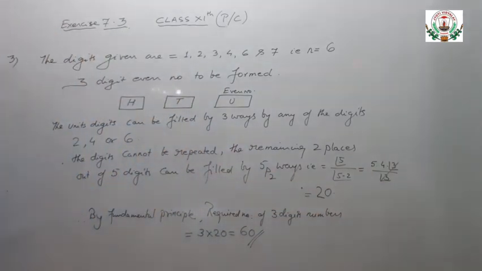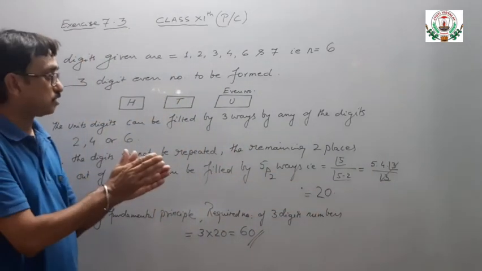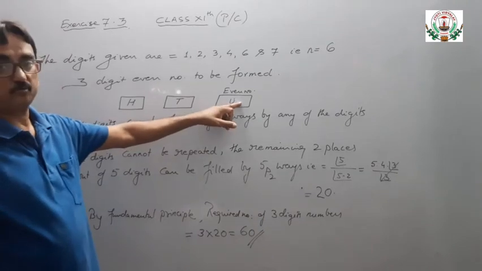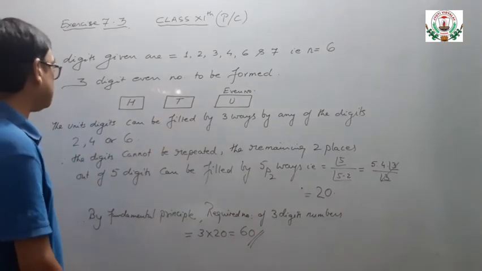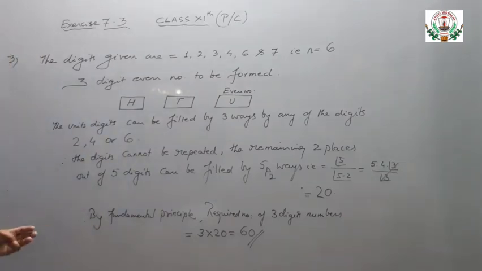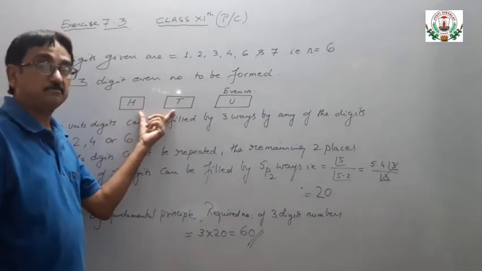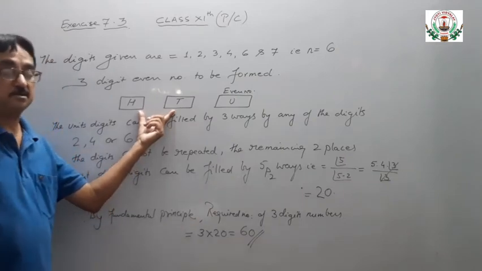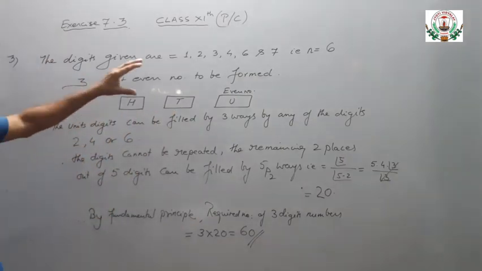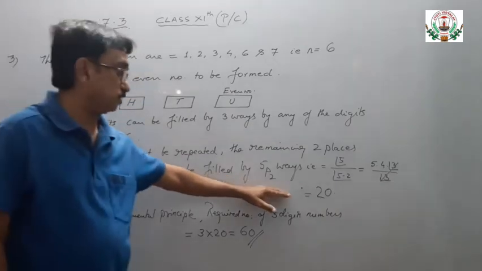So by the fundamental principle, the first work is to fill the unit place by an even number. How many ways are there? 3 ways. Now the second work is to fill the remaining 2 places, tens place and hundreds place, out of the 5 digits by 5P2 ways.